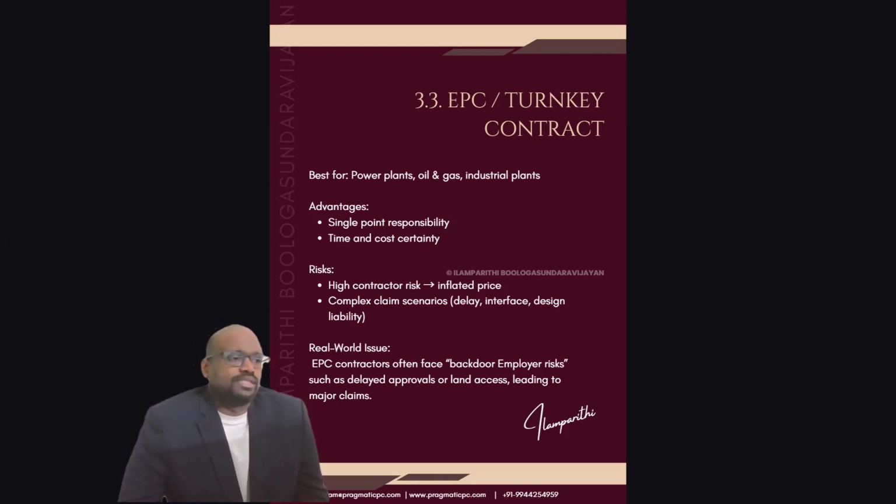Complex claim scenarios like delay, interface, design and liability can all end up in claims. In the real world, EPC contractors often face backdoor employer risks, such as delayed approvals and land acquisition problems. These are the major issues leading to claims in EPC or turnkey projects.